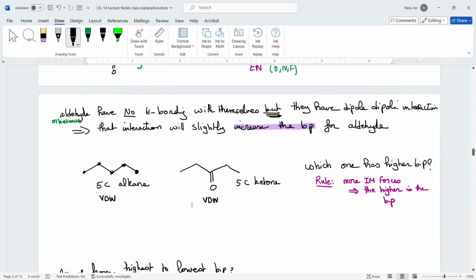On the other hand, ketones do have dipole interaction.